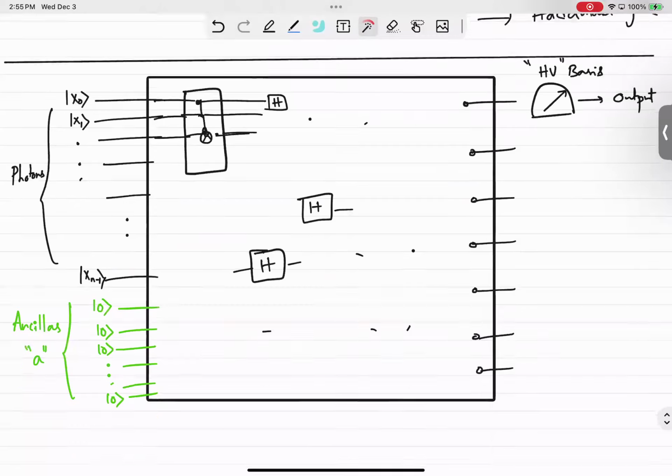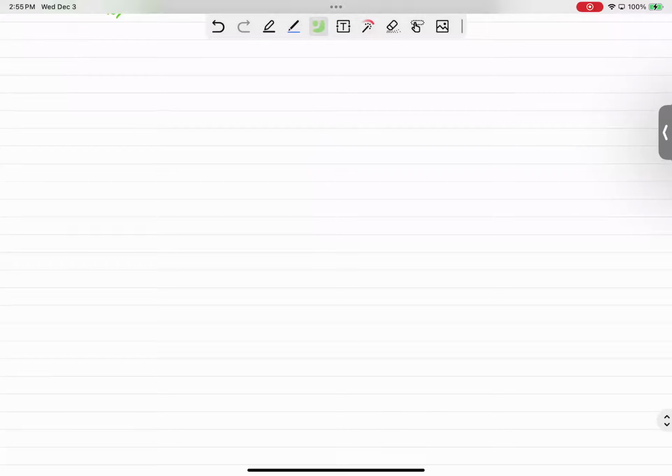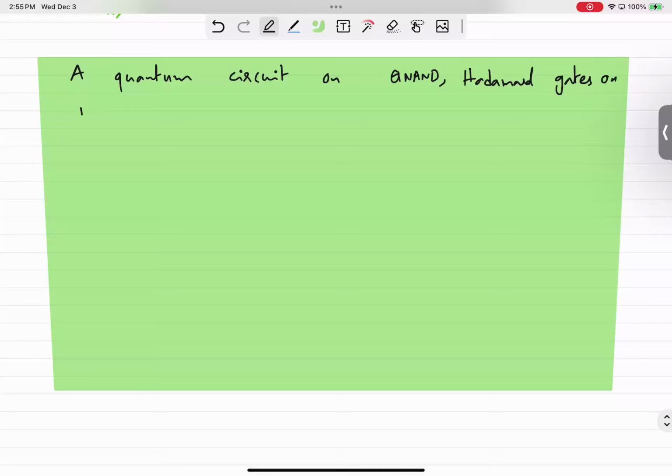All right. So to make this ultra concrete, we can say a quantum circuit on QNAND, Hadamard gates, on n plus a qubits.